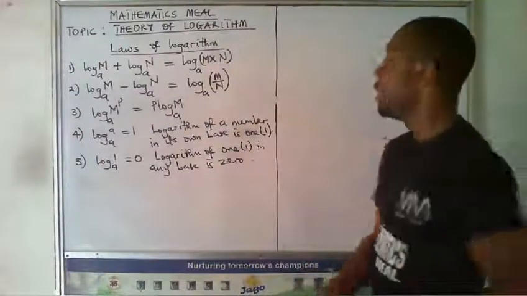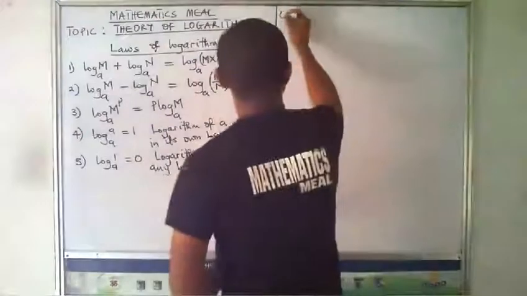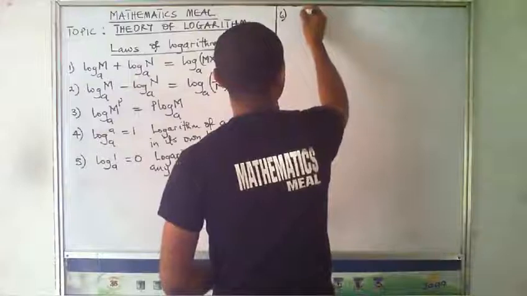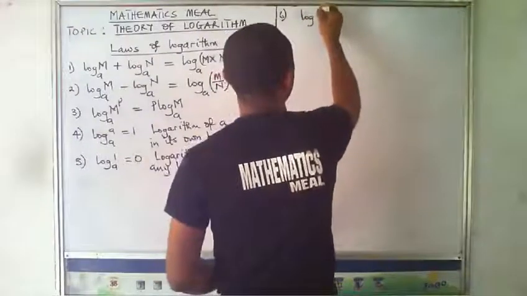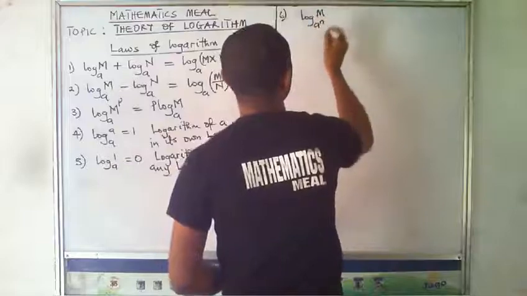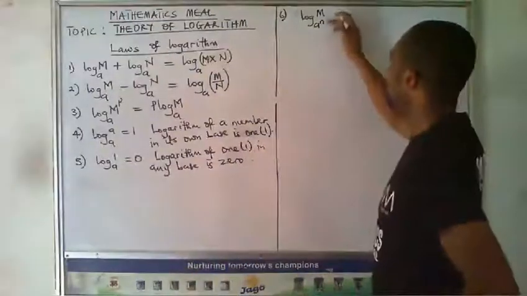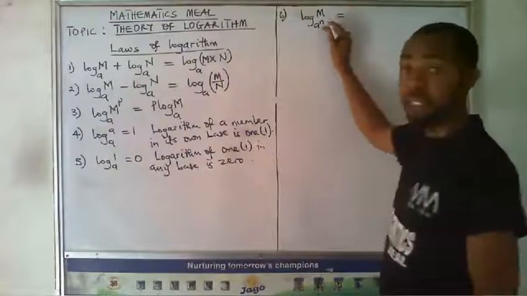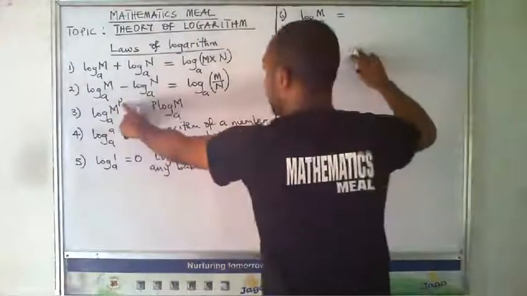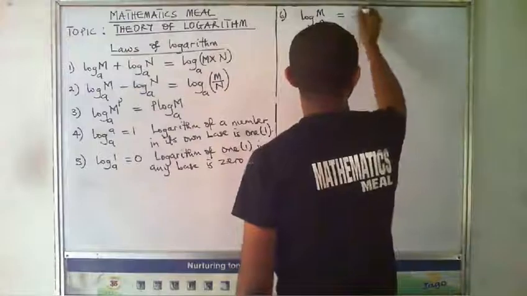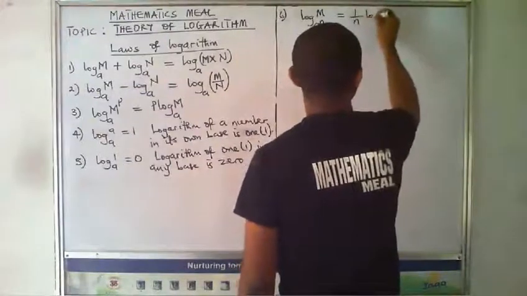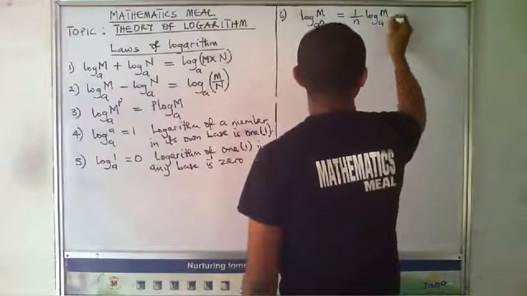We have log of n raised to the power n when the power is on the number, something like 1 over n, 1 all upon n log n in base a.